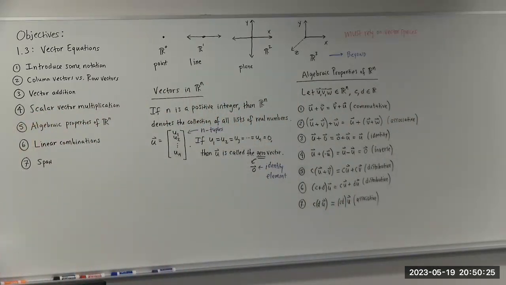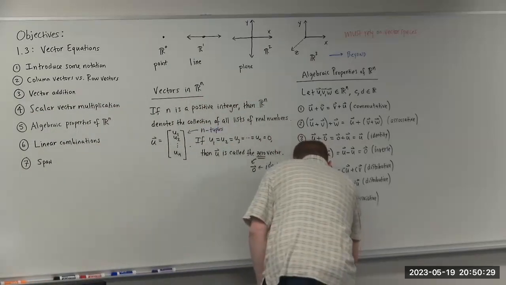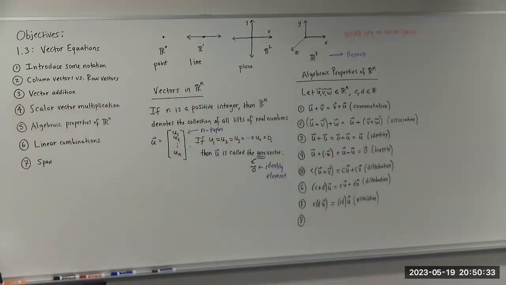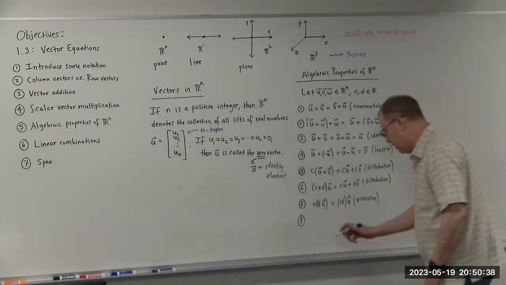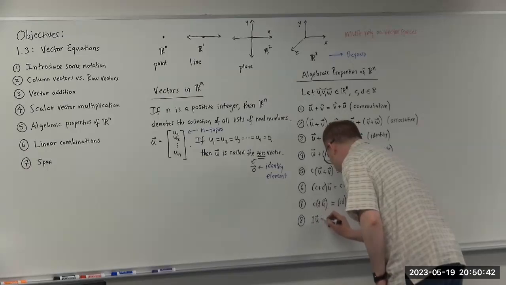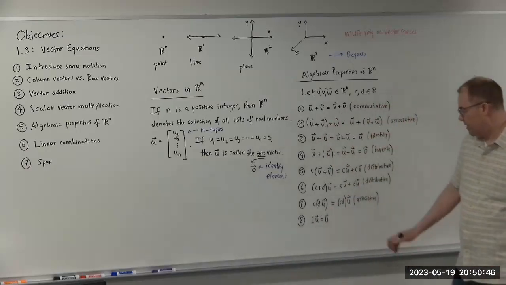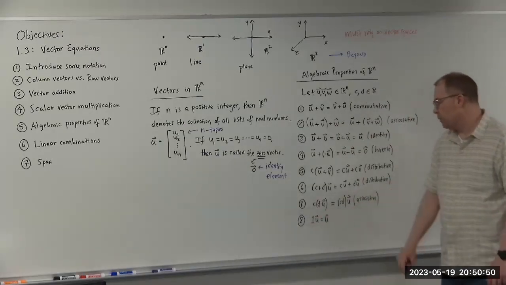All right, number 8, last one. Number 8 says that if the scalar value is 1 and we multiply by the vector u, then we get back the vector u. So this is acting as the identity element under scalar vector multiplication.